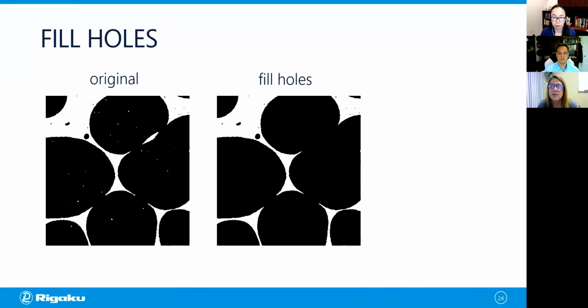So the thing to consider here is if you have separated objects within your ROI, fill holes is a good tool to use. If you have connected ones, then be careful because it may actually fill the connections between them. So let's go on to our final tool before we work through some examples. This red circle is just showing you the area that was filled.